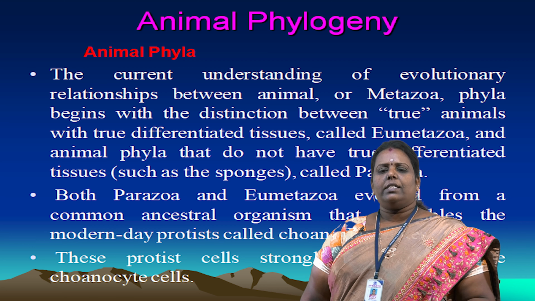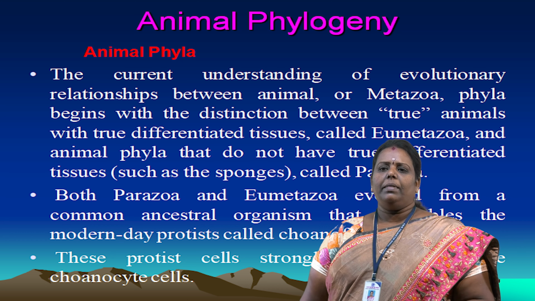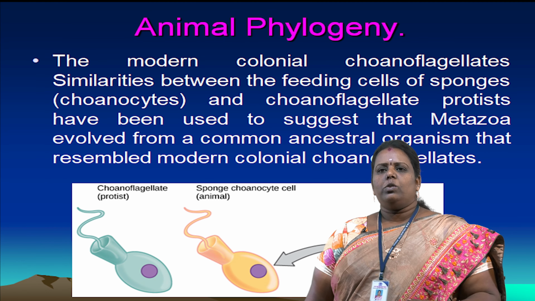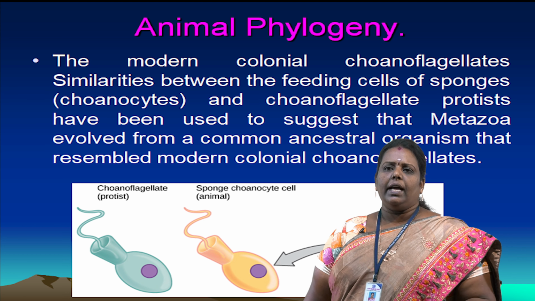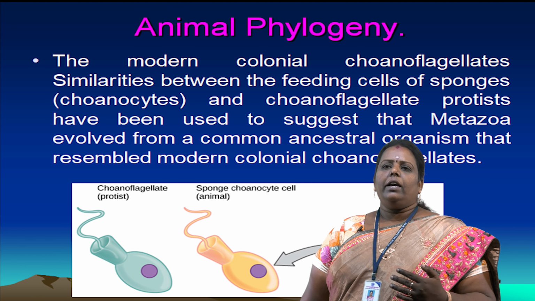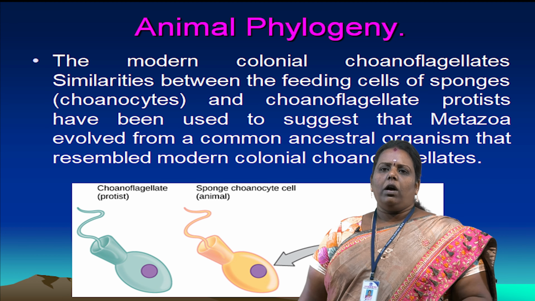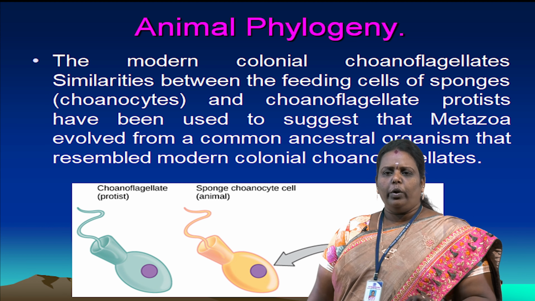Those choanocyte cells are one of the strong pieces of evidence for development from parazoa to eumetazoa. This diagram shows the modern colonial choanoflagellate. The similarities between the feeding cells of sponges, the choanocytes, and the choanoflagellate protists have been used to suggest that the metazoa evolved from a common ancestral organism that resembles a modern colonial choanoflagellate. The first one is a choanoflagellate, which is a protist.